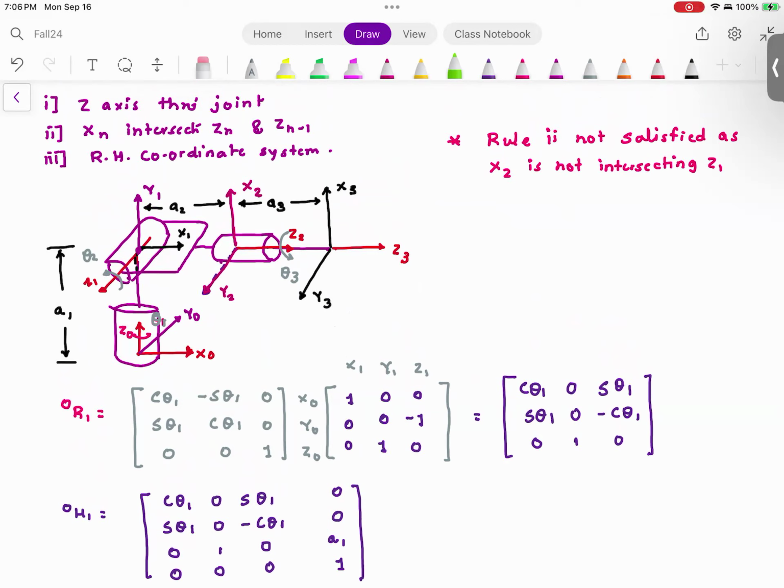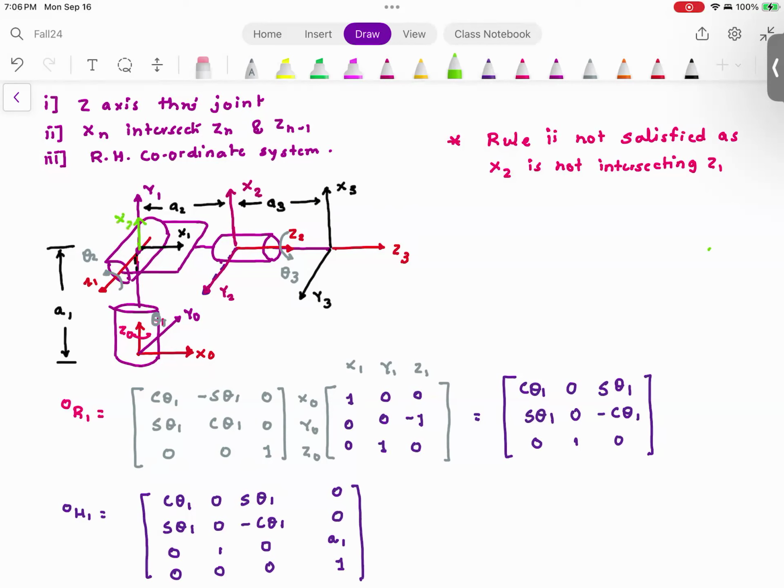frame number 2 is not following the rules. So what I'm going to do is translate frame number 2 onto frame number 1. What does it mean? I want everyone to pay attention to this. I'm going to physically take that frame and move it to here.